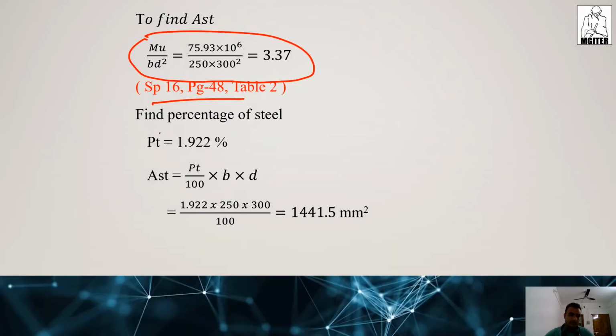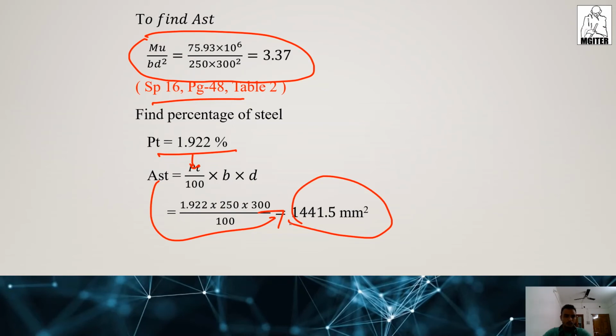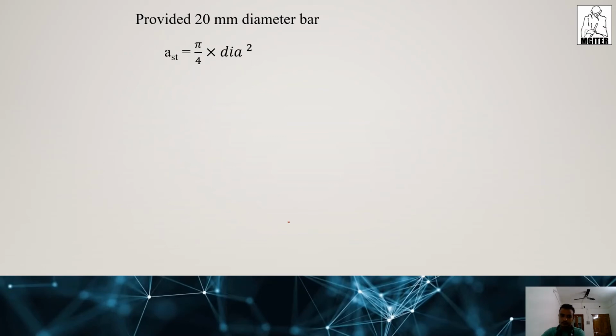So I take PT here as 1.922 percent, the average of both values. Provide the PT value here: AST is PT by 100 into B into D. So PT is 1.922 into 250 into 300 divided by 100. So by this we got AST as 1441.5 mm square. This is the area of steel in the tension zone.